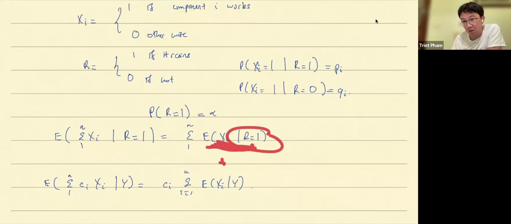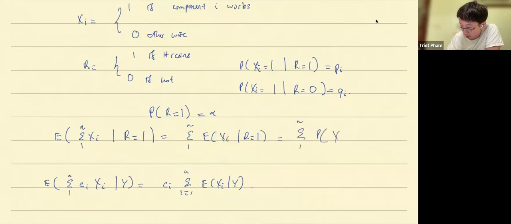In other words, this is just Bernoulli, even with the conditioning. The expectation will be the success probability. It works just like the Bernoulli, conditioning or not. Therefore, it's just the sum of pi. And that's your answer.